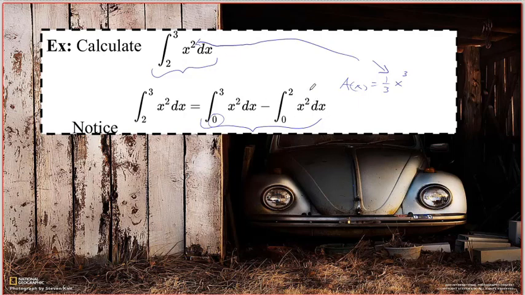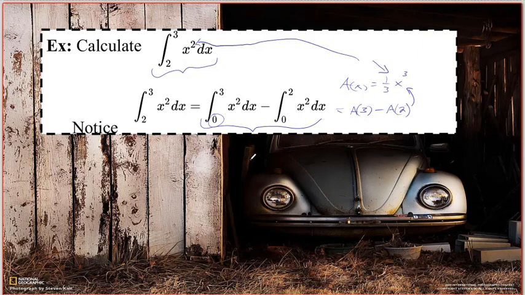And that was the connection, if you missed it before, that I was hinting at. We've got our antiderivative. So this is A of 3 minus A of 2. Plugging 3 and 2, in other words, into my antiderivative here.